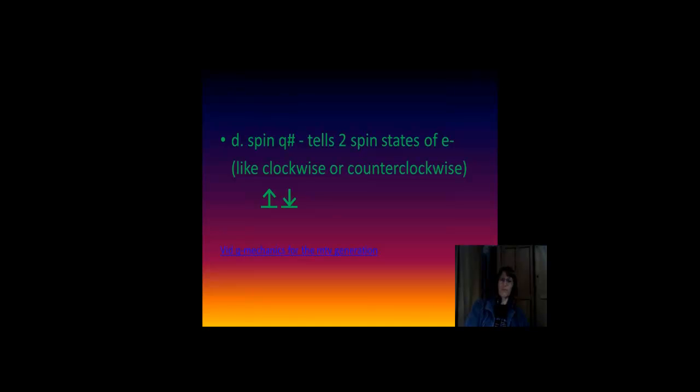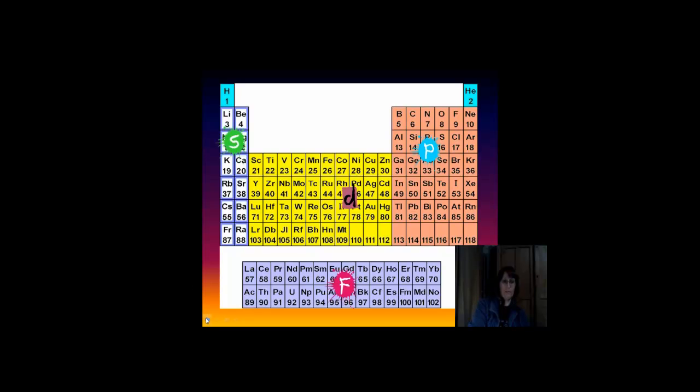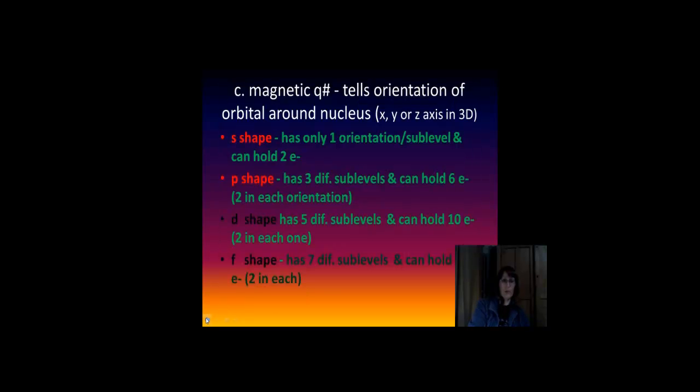Now, you have the 4th and last of the quantum numbers. So we had the first quantum number that told you what orbit it's in, 1, 2, 3, 4, 5, 6, or 7. You had the second quantum number, which told you whether it was an S, a P, a D, or an F. You had the third quantum number, the magnetic quantum number, and it tells you the orientation.